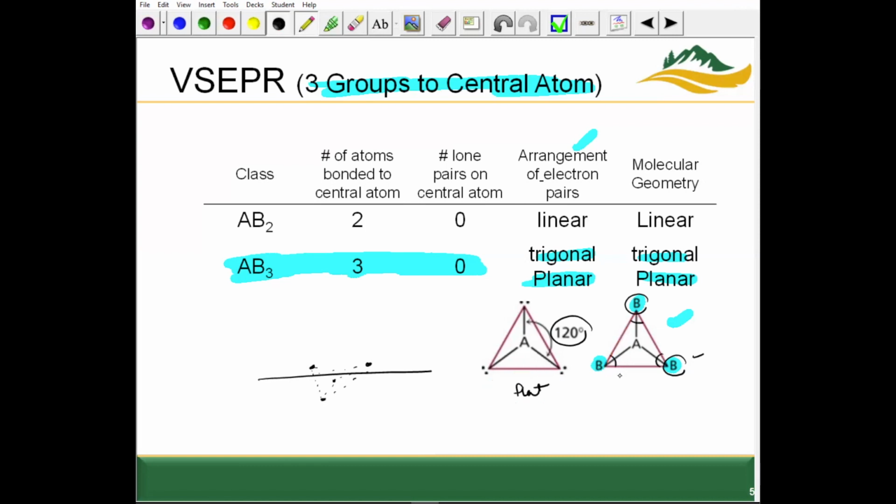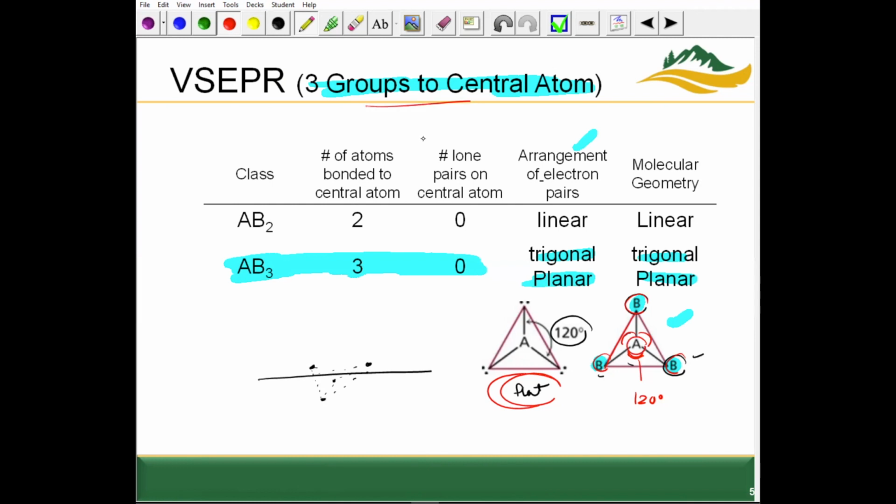All of these non-central atoms and all of these bonds are repelling one another equally, where this angle here is 120 degrees, so 360 divided by 3. So 120 degrees, 120 degrees, 120 degrees separates these different B atoms, the non-central atoms. And these are all bonded to the central atom A.